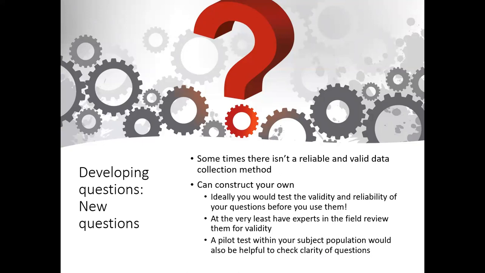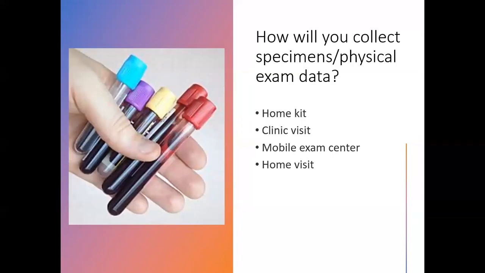So ideally, you'd test the validity and reliability. At the very least, you'd have experts review them for face validity. And you could also do a pilot test within your subject population and make sure that your questions are clear and accurate.